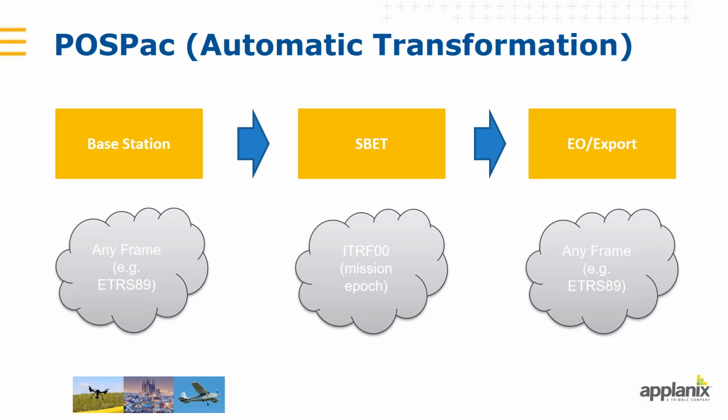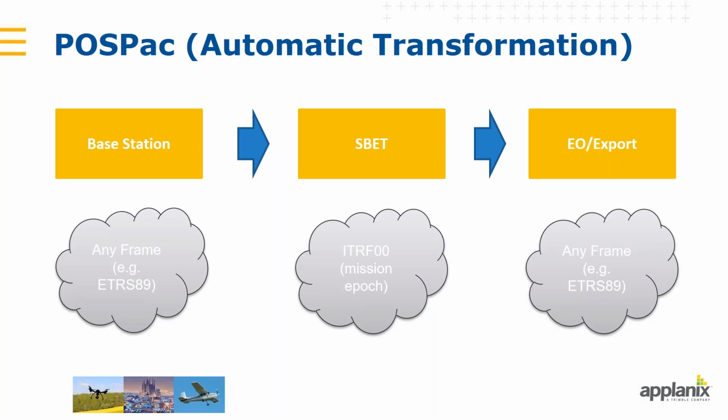The other thing that I wanted to bring to your attention is the automatic transformation that's happening in POSPac. So when you load a base station into POSPac, the base station typically comes with coordinates. You need to declare in what frame the coordinates are saved for that specific base station.